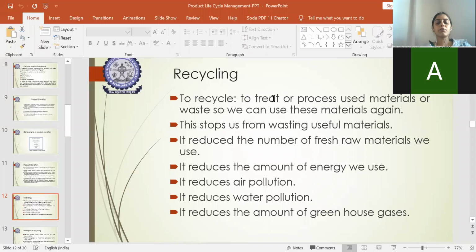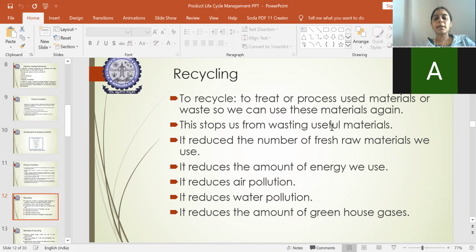This works if the material is feasible, convenient and eco-friendly, and not harmful to human beings, causing any health hazards both for human beings as well as animals. This is the concept of why recycling of material is done.